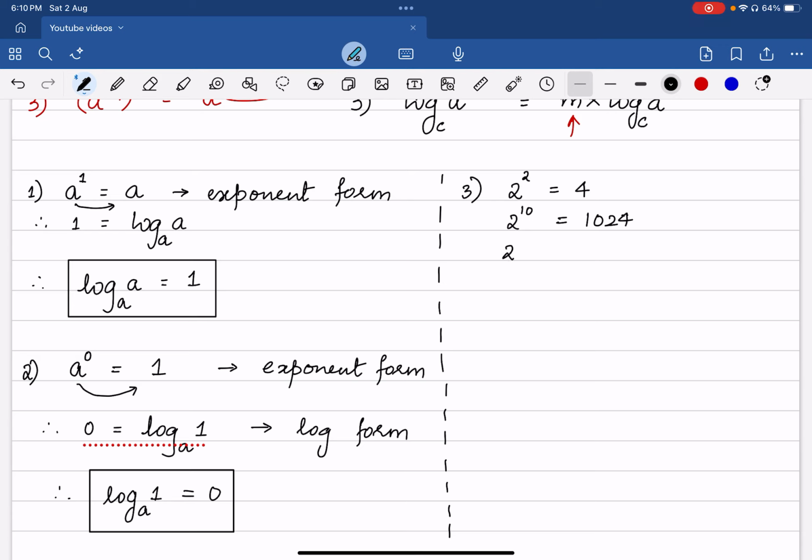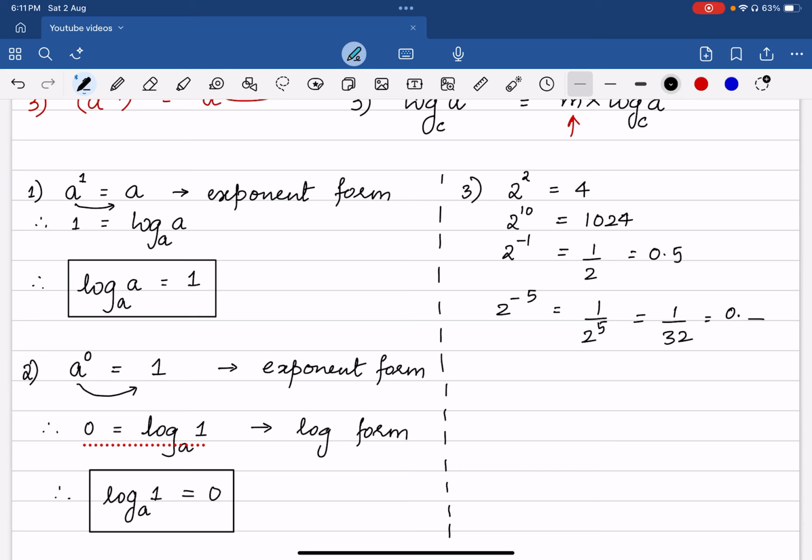Let's say I take a negative power, 2 raised to minus 1. It becomes 1 over 2, which is 0.5. If I do 2 raised to negative 5, don't you think it will look somewhat like this? 1 upon 2 raised to 5, which is 1 over 32, which will also be 0 point something, which will also be a positive number.